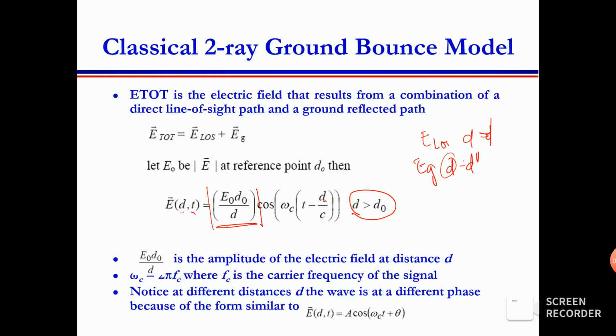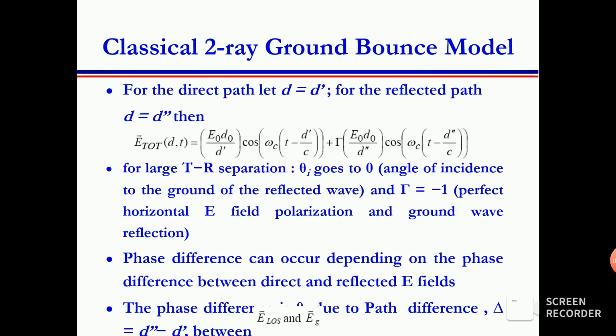So in this equation, the total electric field is ELOS plus EG. Here in the distance I have replaced it by d dash, and for the ground reflected signal I replaced it by d double dash.